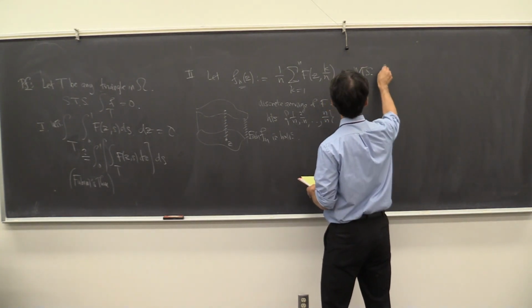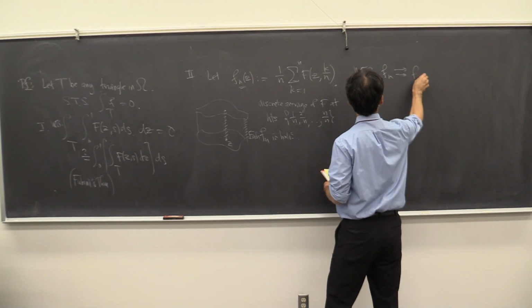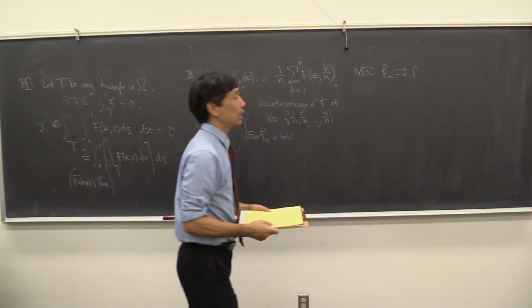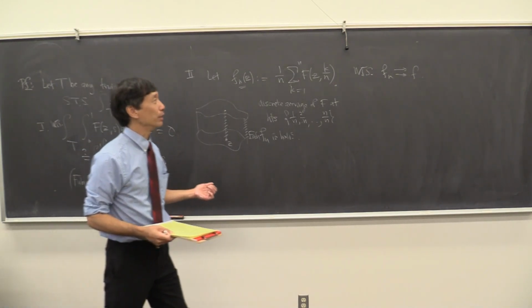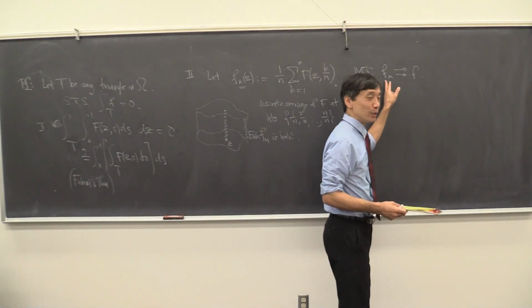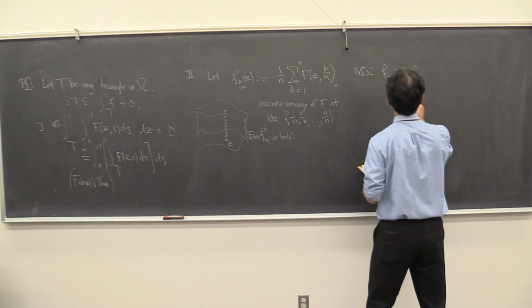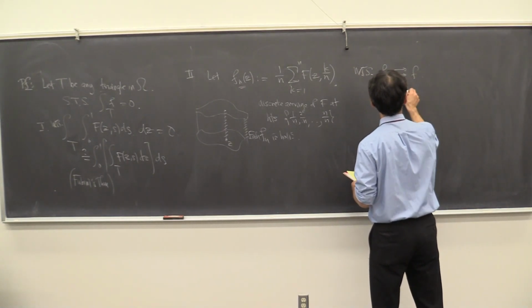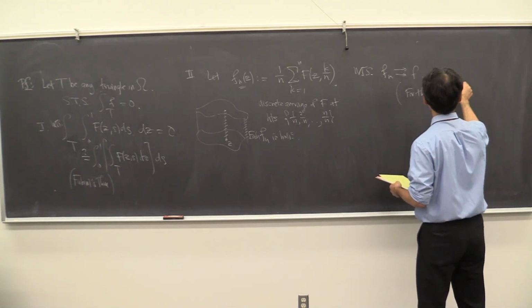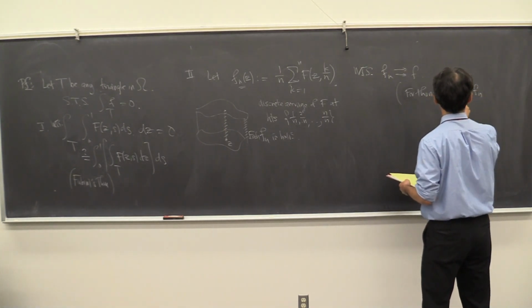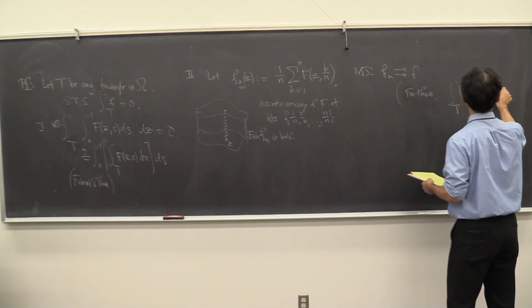We want to show that the f sub n converge uniformly to f, because if they converge uniformly, then we can change the order of integration, we can change integration with limit. So the integral of the limit is going to be the limit of the integrals.